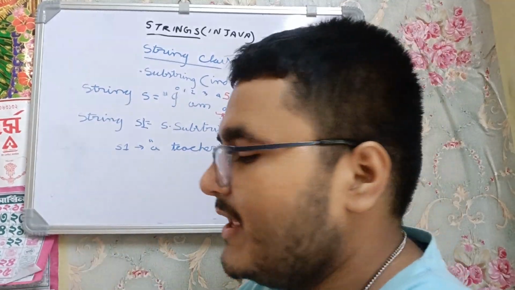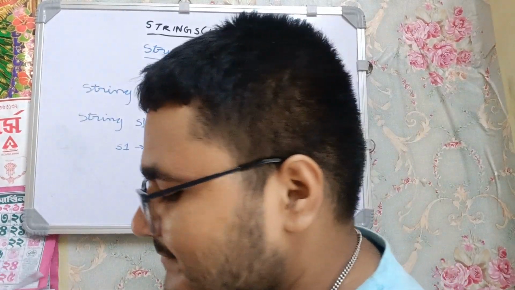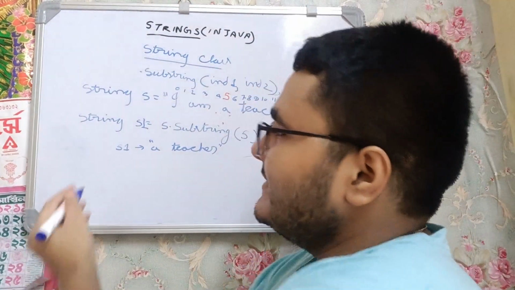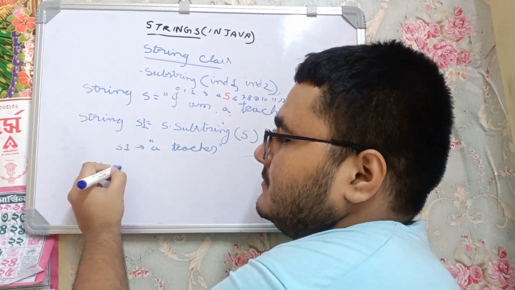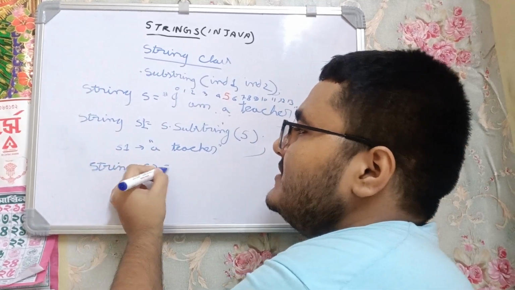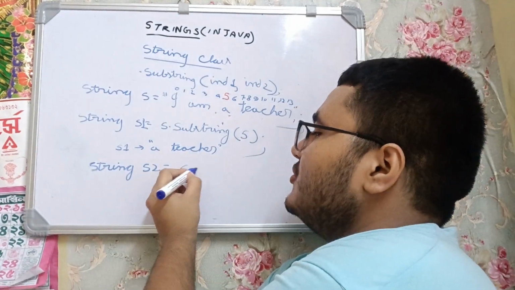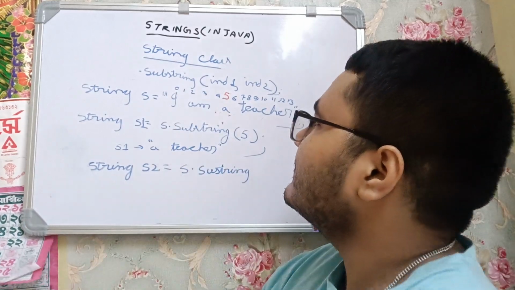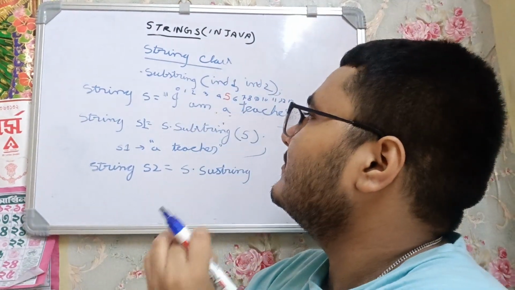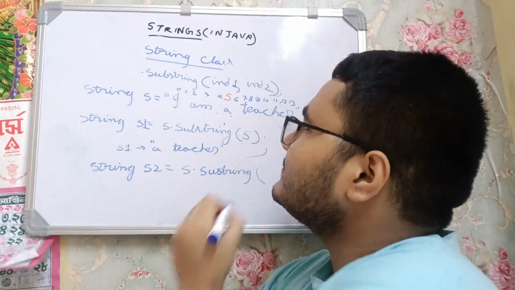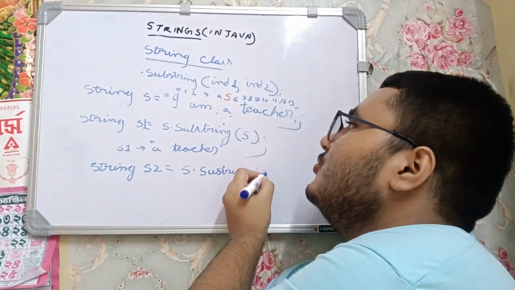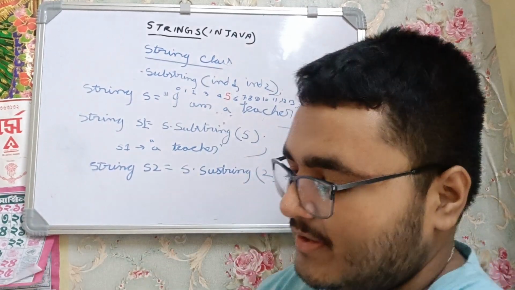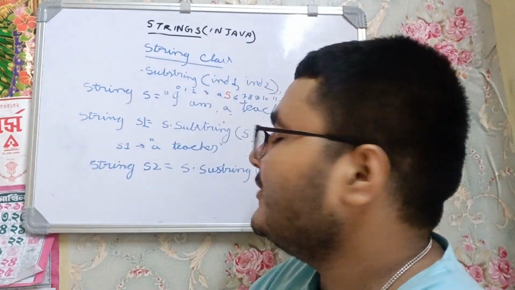And if I write string s2 is equal to s dot substring, say I am writing 2, 4. What will it do, you think?